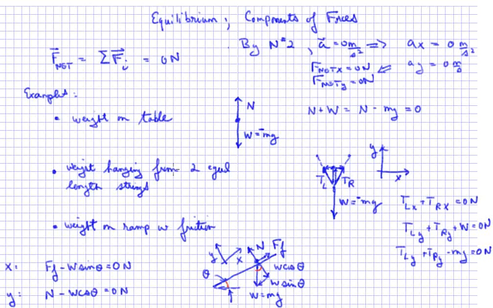To take a more complicated example, consider a weight, here it is over here, hanging from two equal length strings. The weight has a downward direction, as seen here, and since the strings are equal in length, by symmetry the tension in the left string T sub L and in the right string T sub R are equal in magnitude, but of course they're acting at mirror image angles of each other.